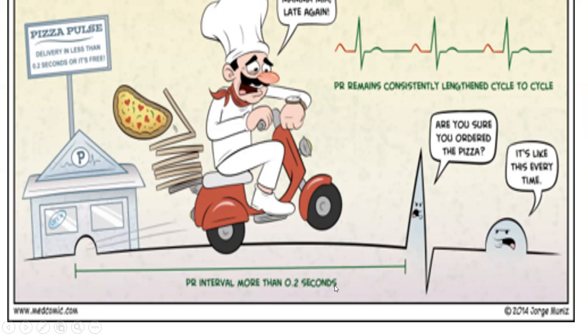It's more than 0.2 seconds. And here you have your QRS complex arguing with your T wave. The PR remains consistently lengthened cycle to cycle. Here's an illustration of that. Then your QRS says, are you sure you ordered the pizza? And the T wave says, it's like this every time.